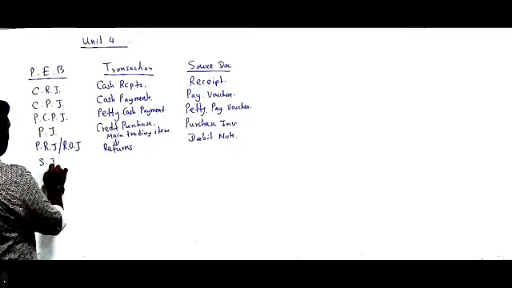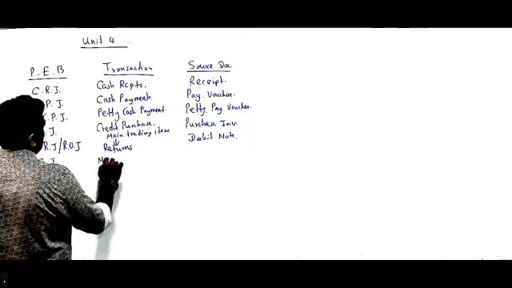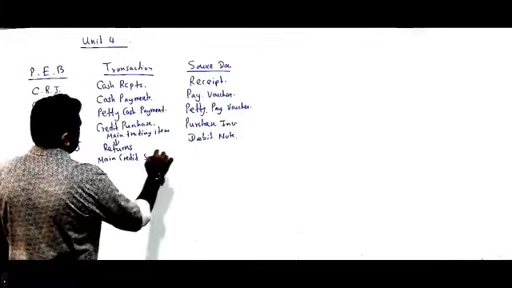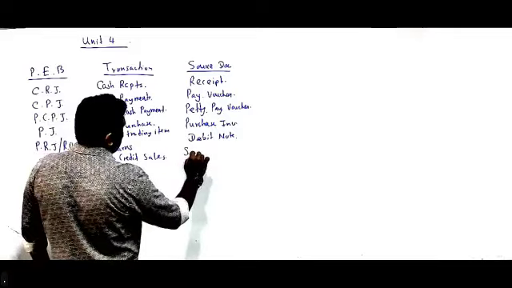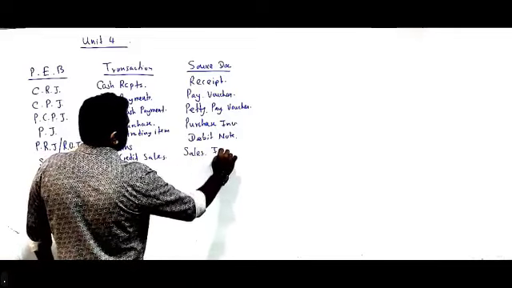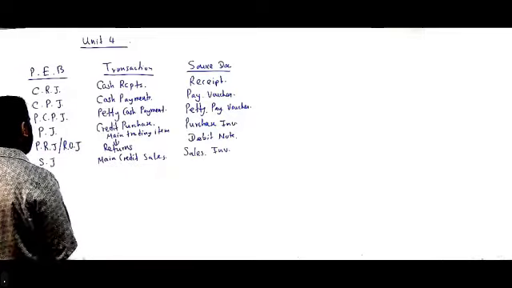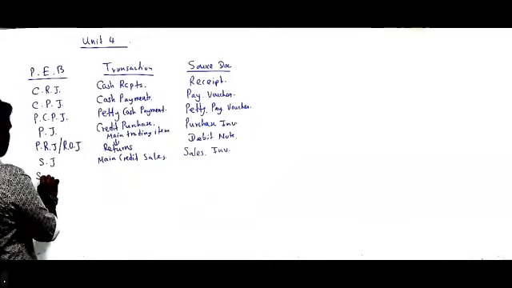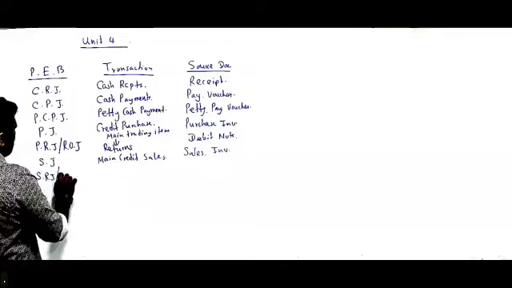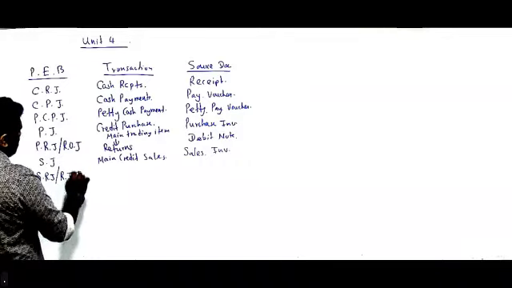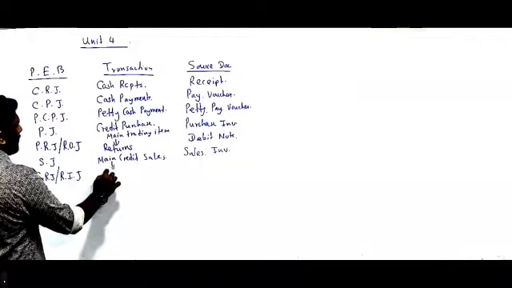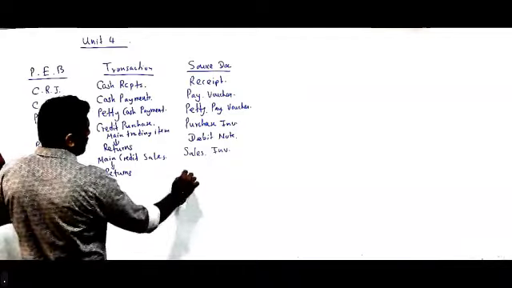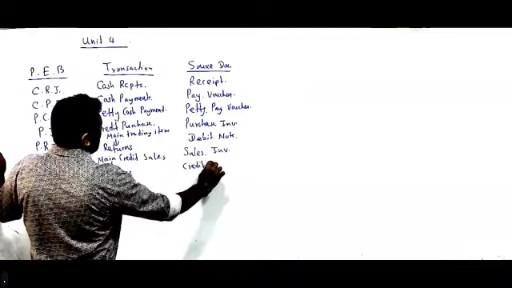Then the sales journal. Main credit sales. Source document, sales invoice. Next one is the sales return journal, the return inward journal. Here we record returns. The source document is the credit note.